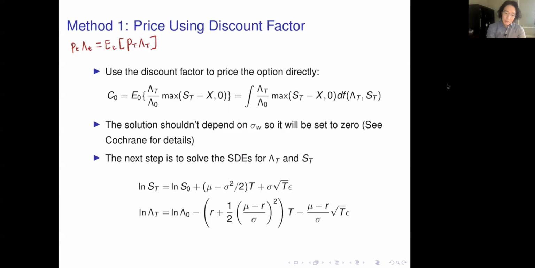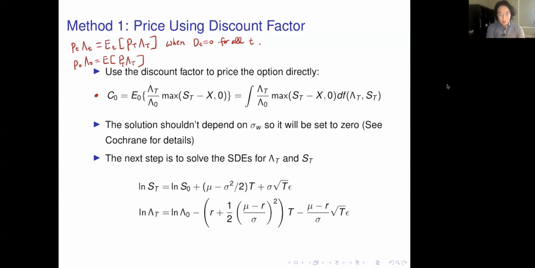So when there's no dividend, therefore, this should hold at time 0. Okay, and by dividing by lambda 0, we obtain the equation here.